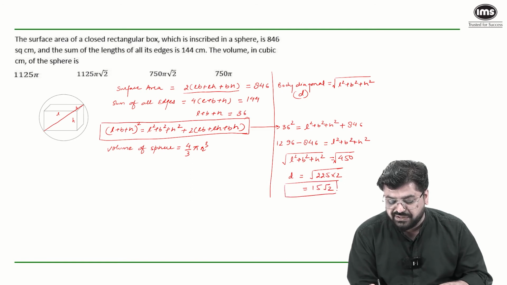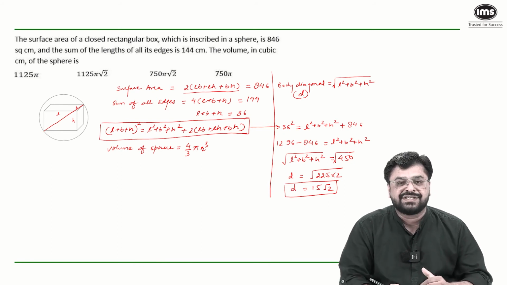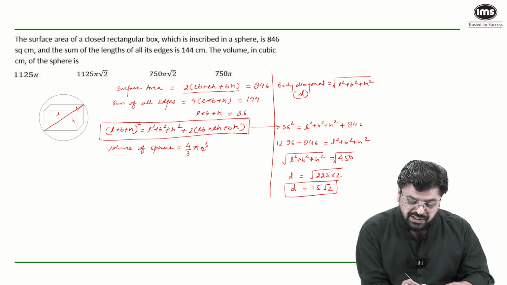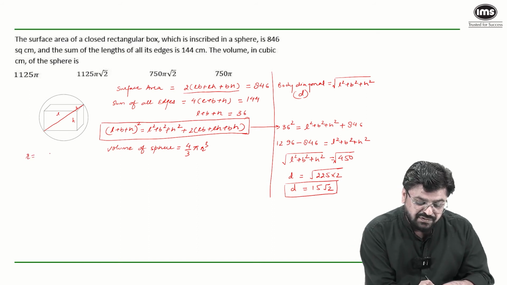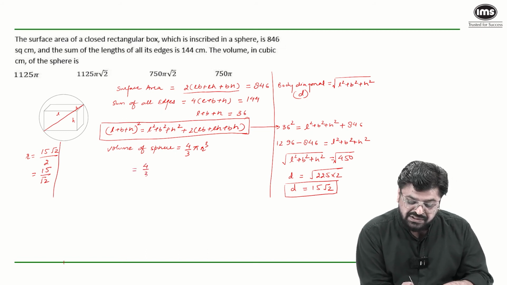So we have D, or diameter, as this, and diameter is twice the radius, so we can calculate R, which is 15 root 2 by 2 or 15 by root 2. So let's plug in the values. It is 4 by 3 pi times (15 by root 2) cube, which means 15 by root 2 into 15 by root 2 into 15 by root 2.